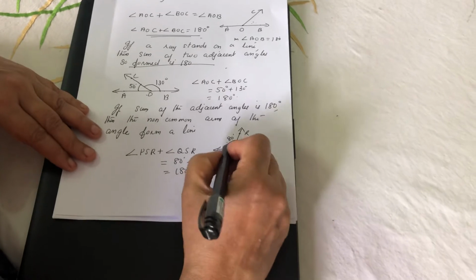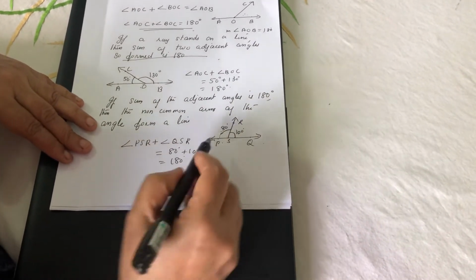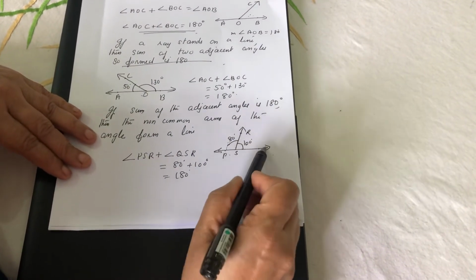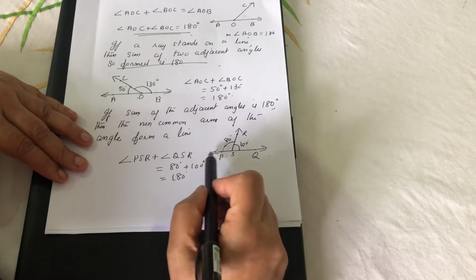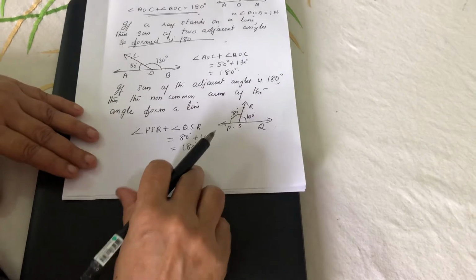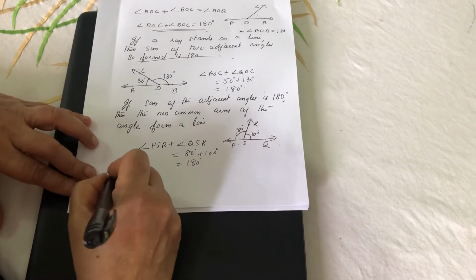Since the sum of the two adjacent angles is 180, SP and SQ are the non-common arms. They are opposite rays and they form a line. Combining these two, we can write the linear pair axiom.